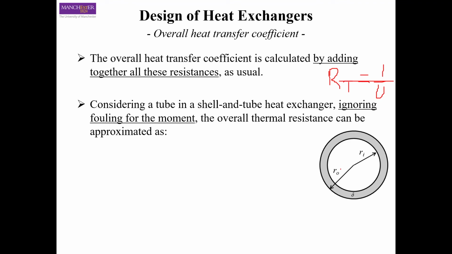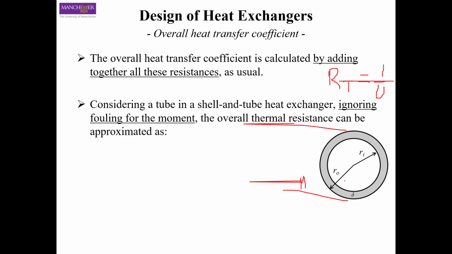So let's now consider a case where you have the tube. This is the tube here. Again, this is a 3D tube, so you have length h here, the inner radius of the tube is Ri, and the outer radius of the tube is R node.